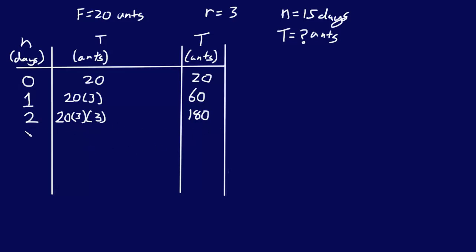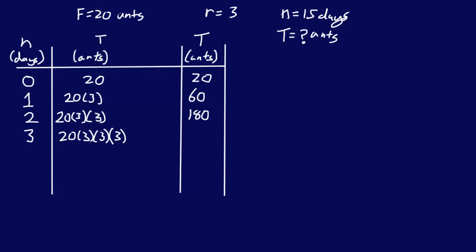So then we go to the third day, and we could do the same thing. I could say 180 times 3, whatever that is. But rather than doing that, I'm going to say 180 is the same thing as 20 times 3 times 3. So I'll write it that way. So 20 times 3 times 3 is 180, and I'm multiplying that population after 2 days by another 3.